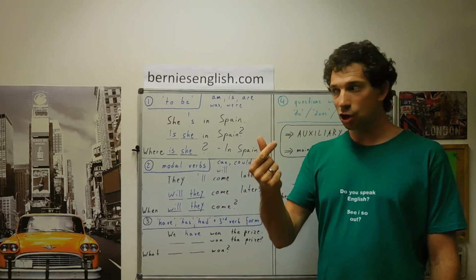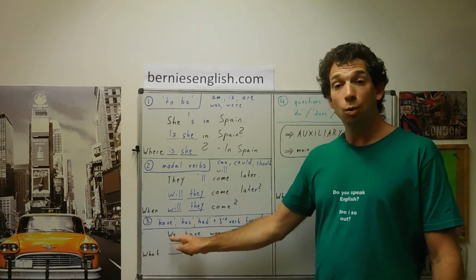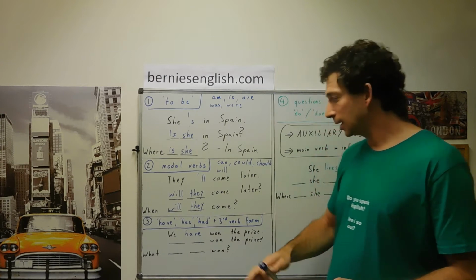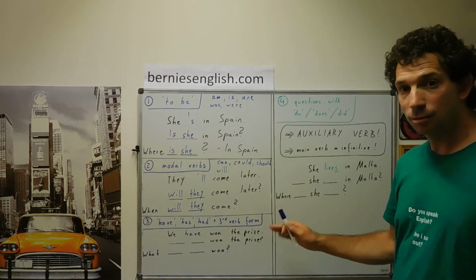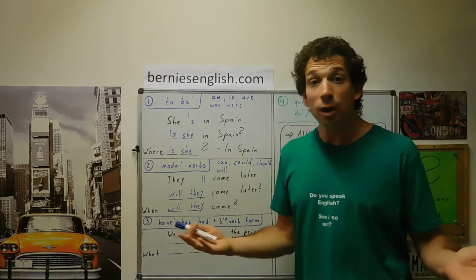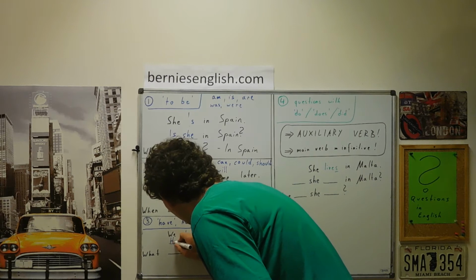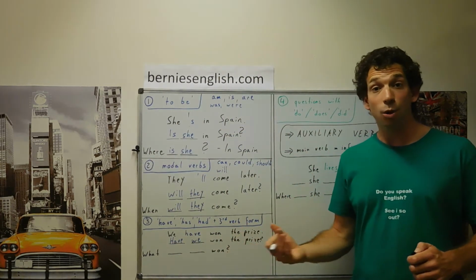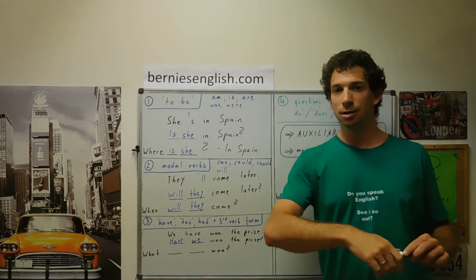We switch the verb have with the subject, we. We have won the prize, and the question is, have we won the prize? Have we won the prize? Really? Great.